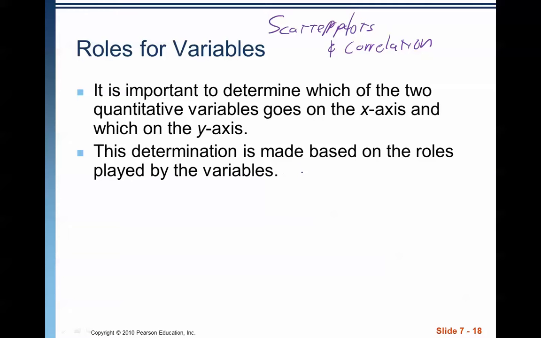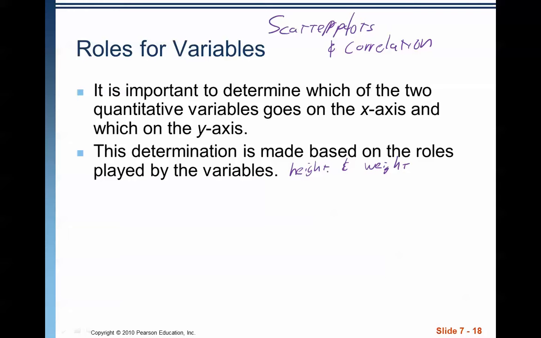For example, if you were talking about the scatter plot between height and weight, does your height help determine your weight, or does your weight help to determine your height?